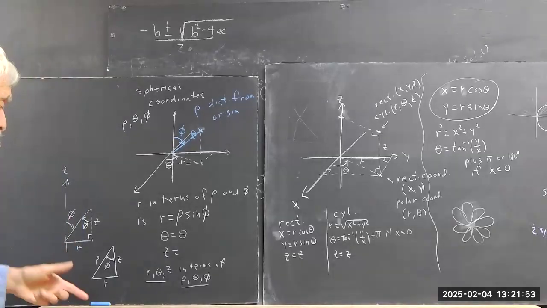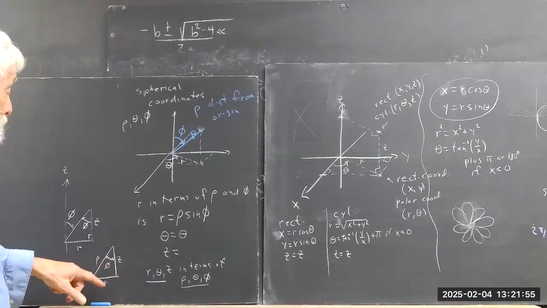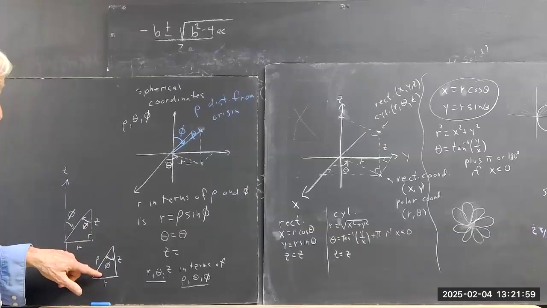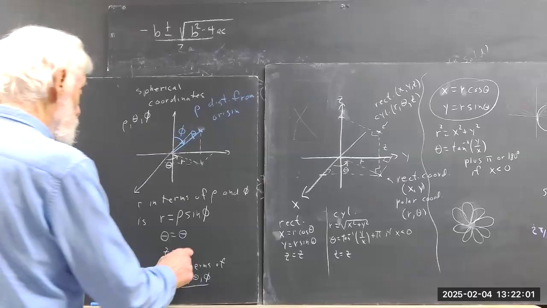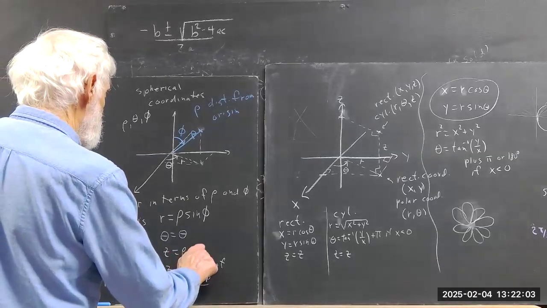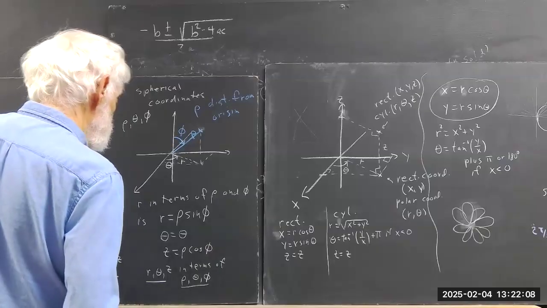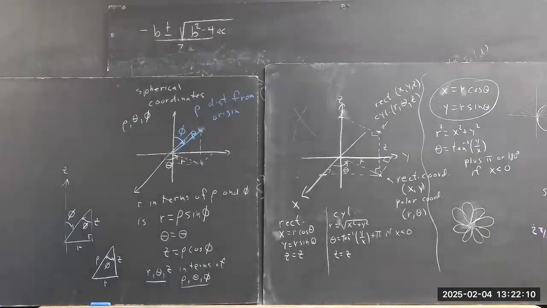Z is the side adjacent to phi, so Z is going to be rho cosine phi.